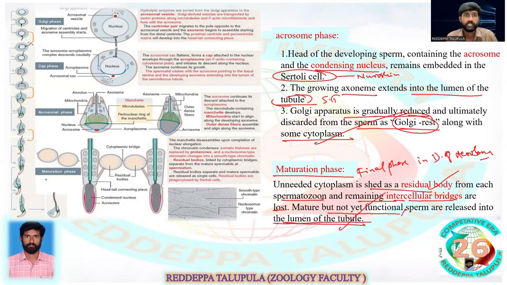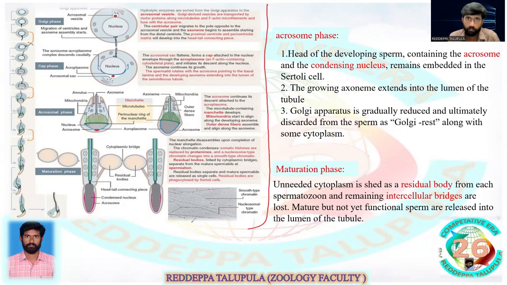If you see the diagram clearly, here the spermatid is present. Here the axoneme initiation happened. See, the acrosome vesicle. There are dot-like structures. I will enlarge it, then you can see.